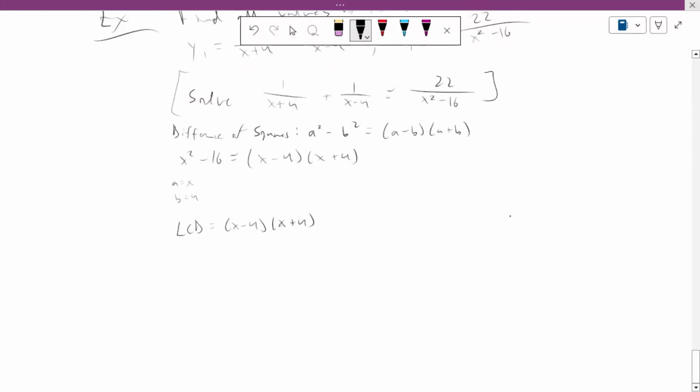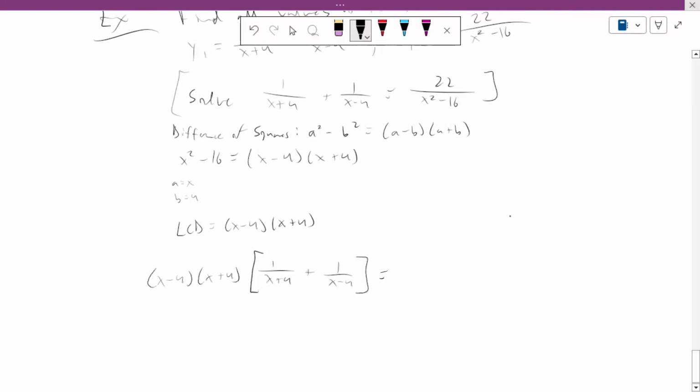Now I'm going to rewrite the problem, multiplying the left-hand side and the right-hand side by x minus 4 times x plus 4. On the left-hand side, that's multiplied by 1 over x plus 4 plus 1 over x minus 4.